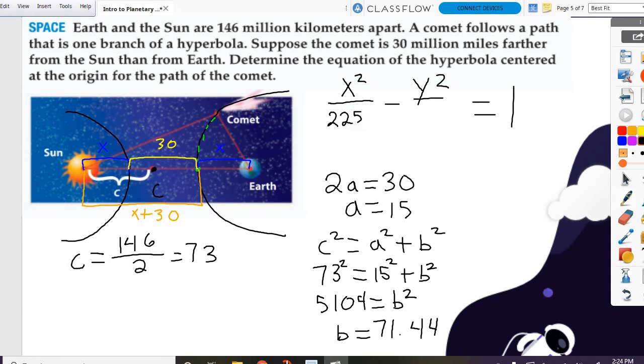And our b value, 71.44, if we square that, it's going to get us back to 5,104. Notice that our b value in this case is much bigger, which is why it's really going to be a wide hyperbola, because it has to go out really far away from our Earth.